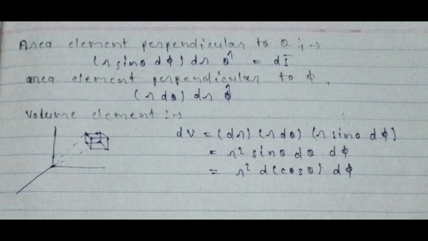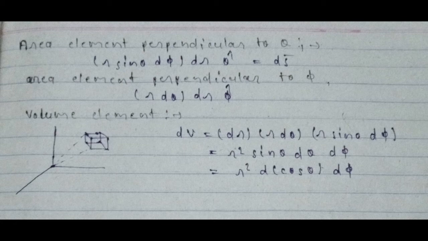How about area element perpendicular to theta? Let us look at that. If I am taking an area element perpendicular to theta, the distances covered are going to be in the r direction and in phi direction. In the phi direction, the distance covered is going to be r sine theta d phi. In the r direction, distance covered is going to be dr, and this is going to be area element in theta direction.